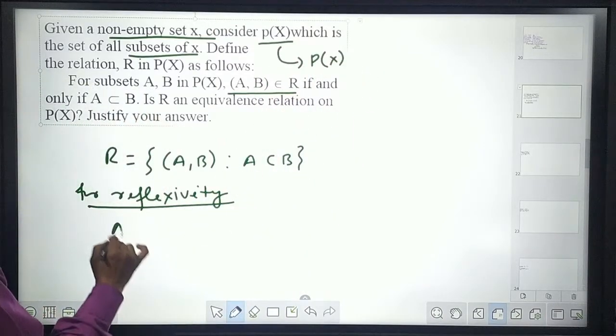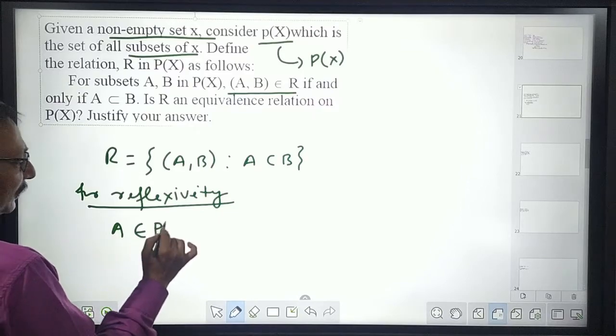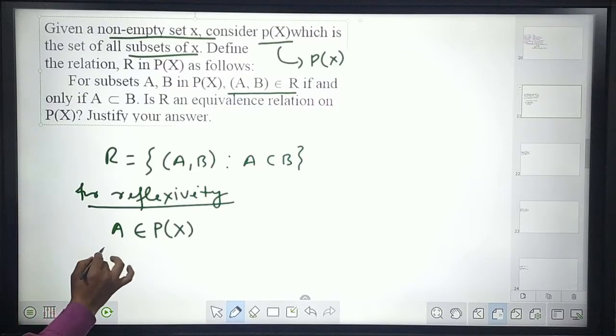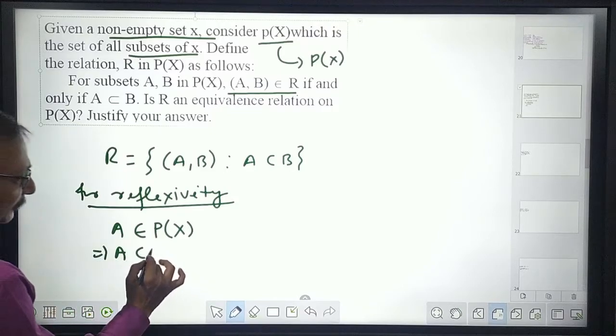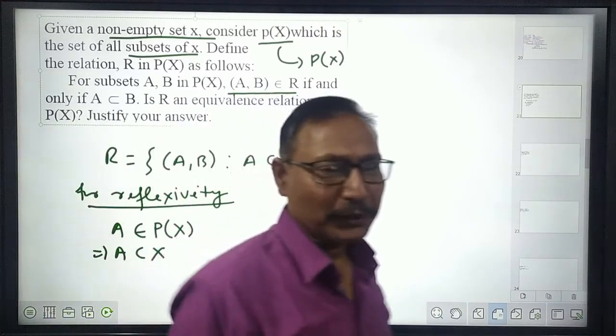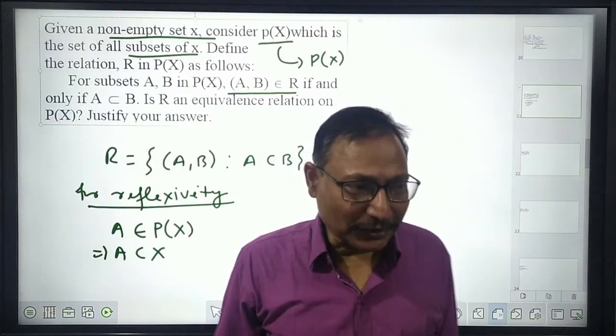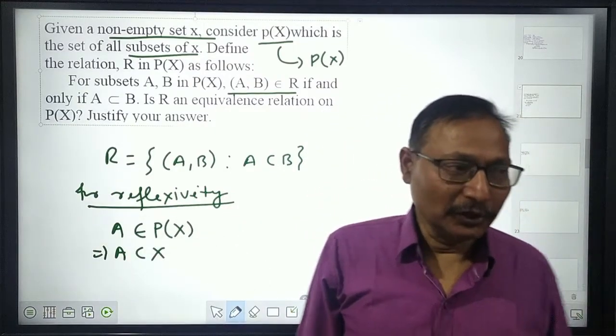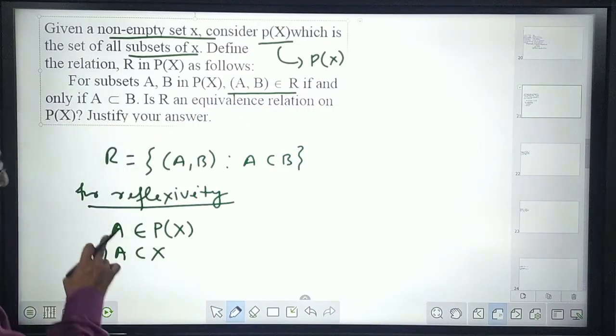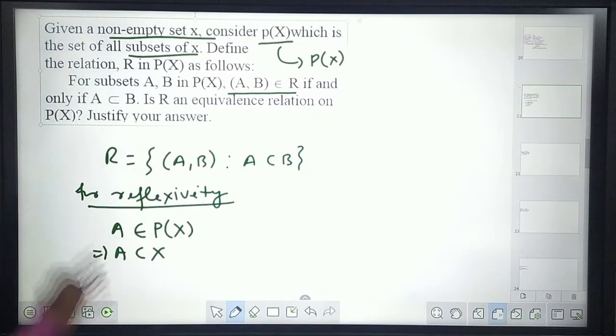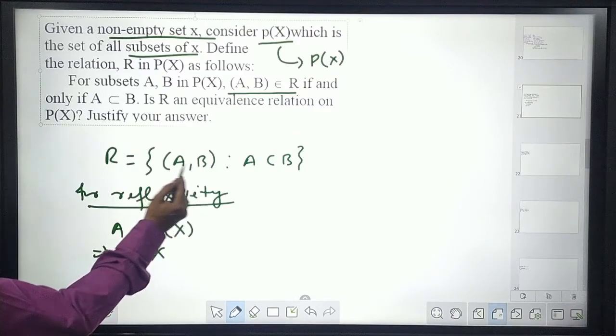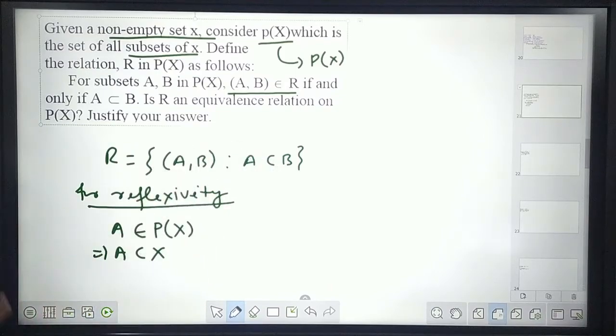So suppose that A is an element of the power set of X. Clearly it means that A must be a subset of X. We know that the power set of X is the set of all the subsets of X. So clearly, if A belongs to the power set of X, then A must be a subset of X. And now we want to check whether (A, A) belongs to R or not. So in this process, just think about the situation.